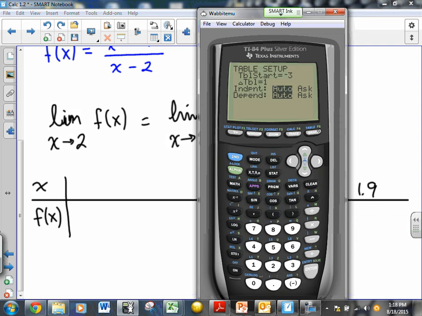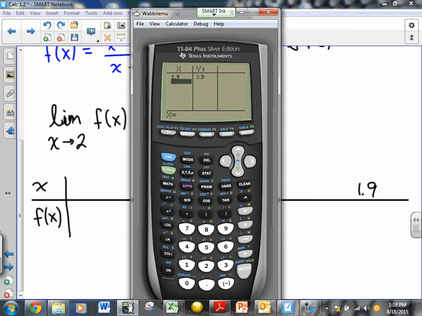In this case, x is the independent variable. So go over here to ask, press enter, go back to my table. I've already got this function value in here. And I want to know, when x is 1.9, what do I get for a y value? Well, I get 3.9.